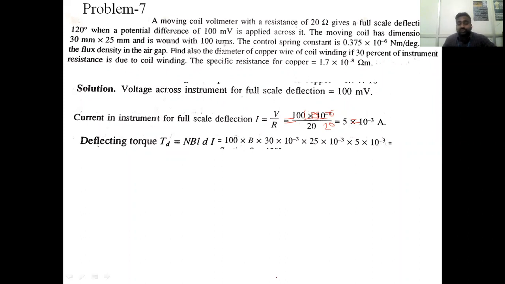What is the value of deflection torque? Deflection torque is represented in Newton meter.